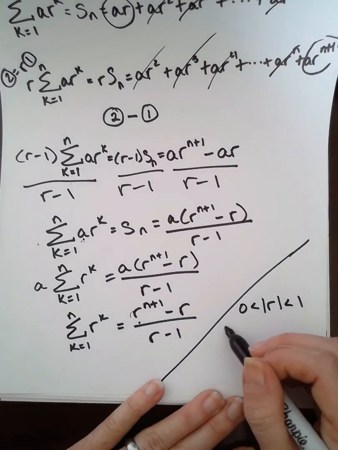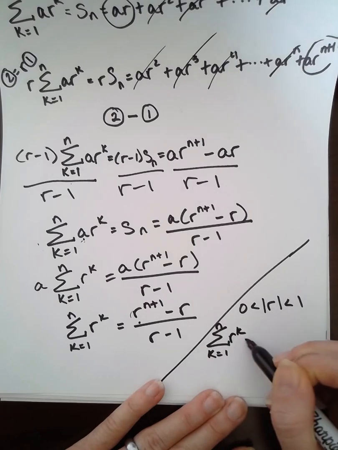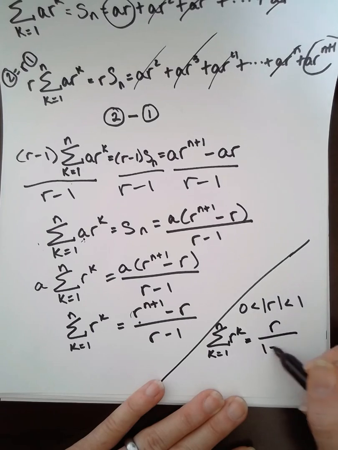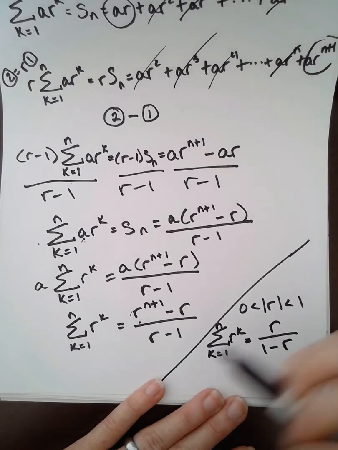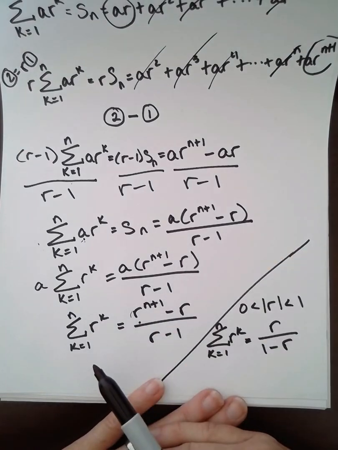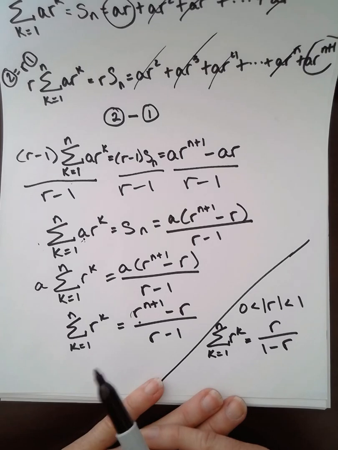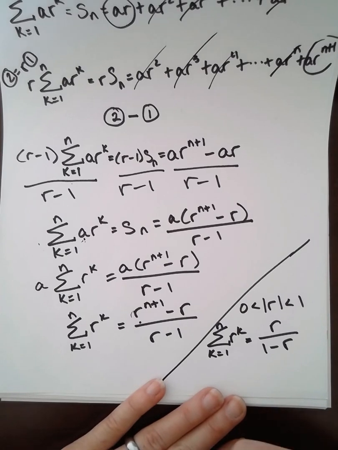So this sum will be r over 1 minus r if in absolute value the common ratio is between 0 and 1. If it's greater than 1, then this term's just going to keep getting larger and larger, and you'll have to deal with that accordingly. Anyways, we've got our closed form now, so we know how to deal with sums of finite geometric sequences. Remember, this is if the domain is the natural numbers.